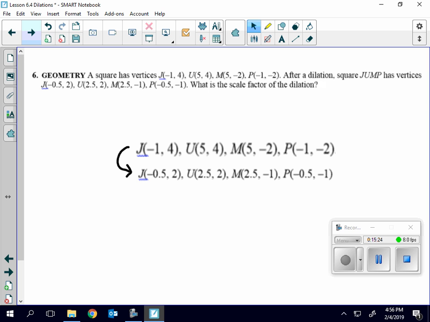All right, number 6. A square has vertices JUMP. I'm not going to read them. After a dilation, the new square J prime, U prime, M prime, P prime has vertices. What is the scale factor? Same question.